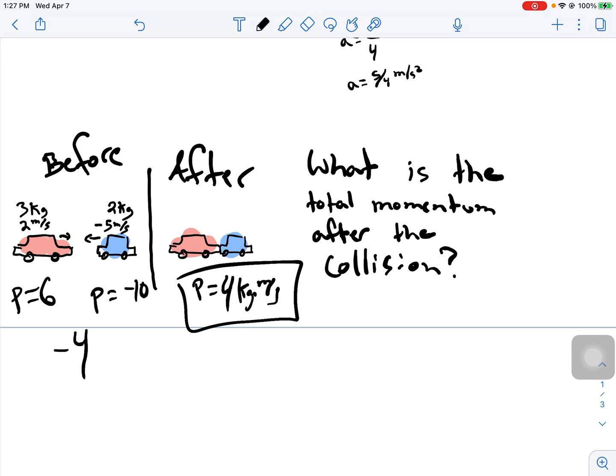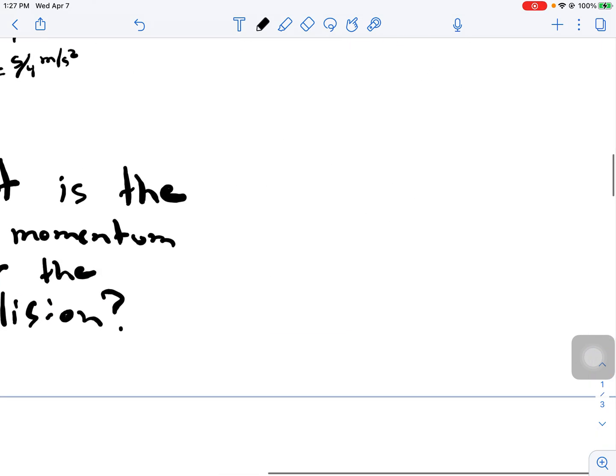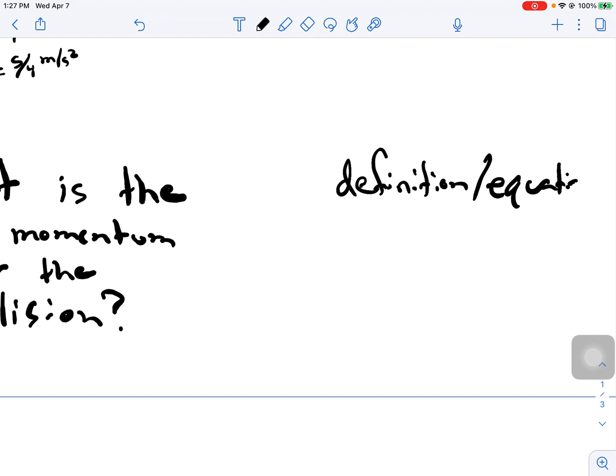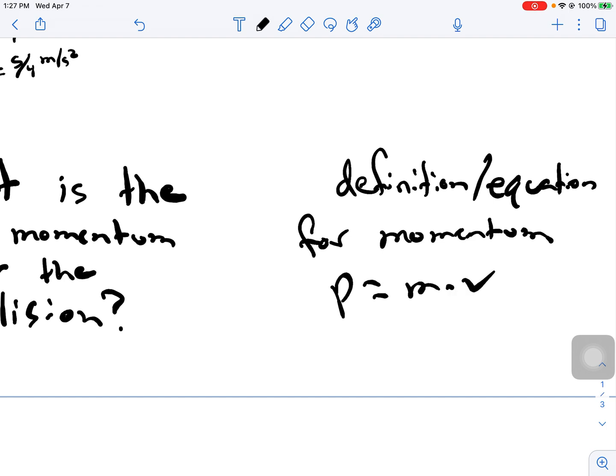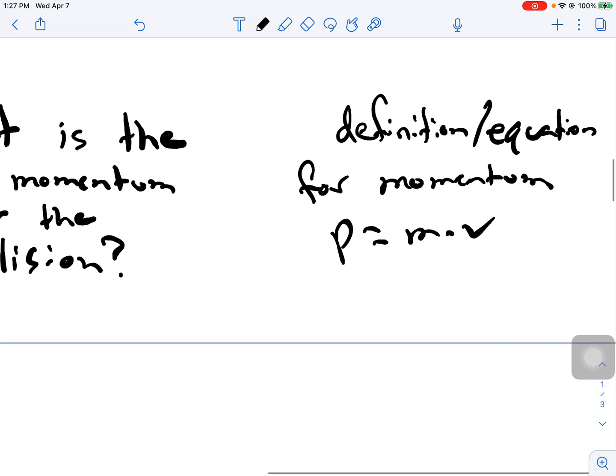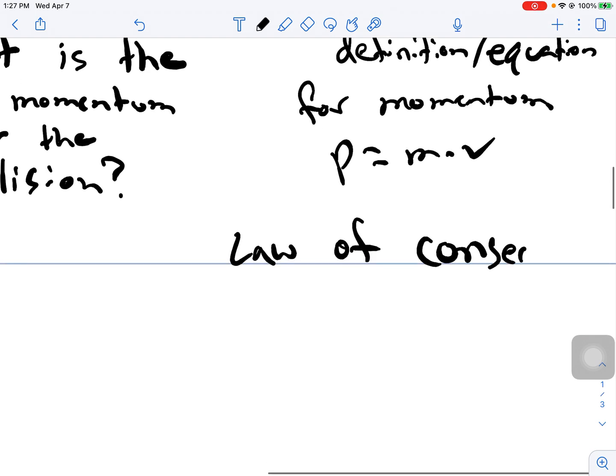So I solved the problem, great, but how did I do it? Well, I definitely needed the definition or the equation for momentum. I needed that, P equals m times v, but I also needed the principle called the law of conservation of momentum.